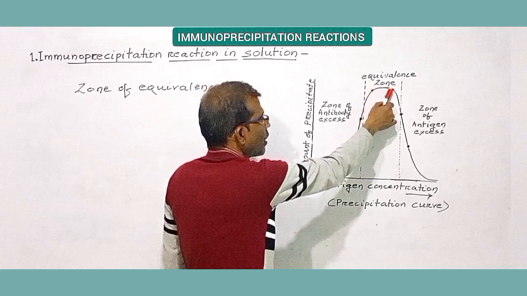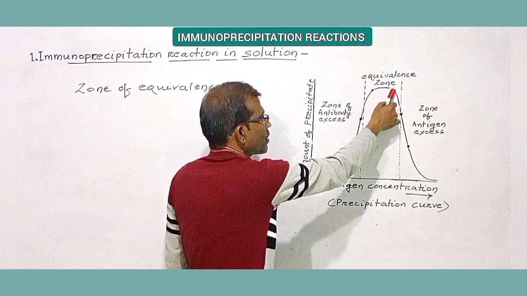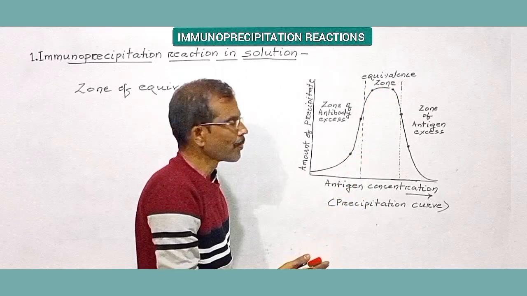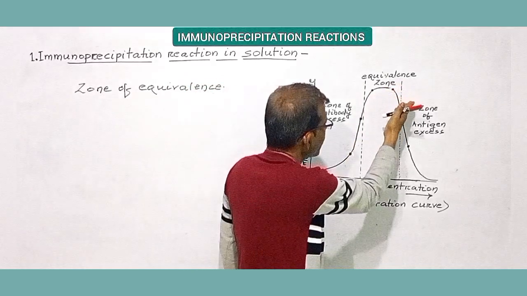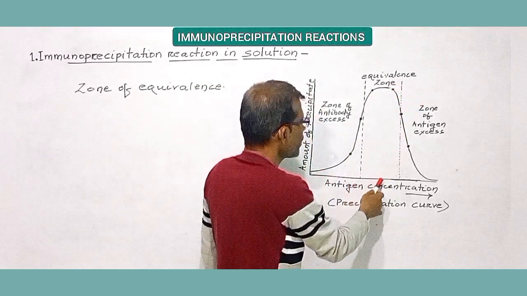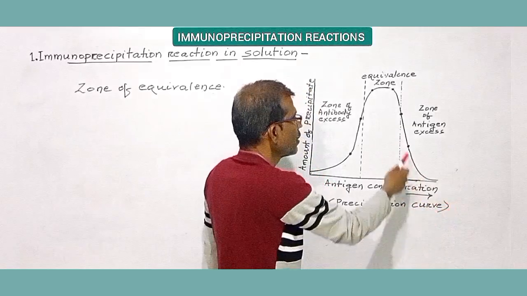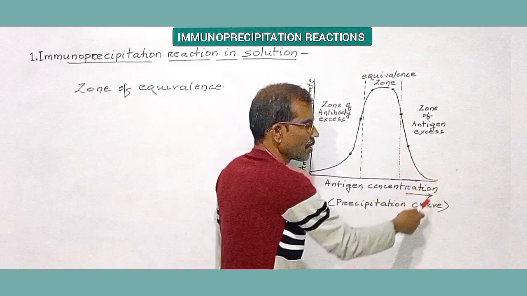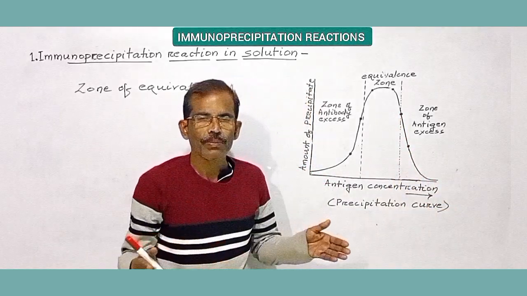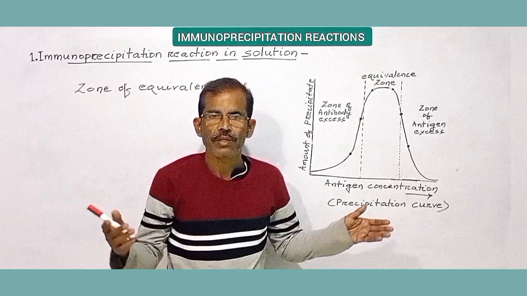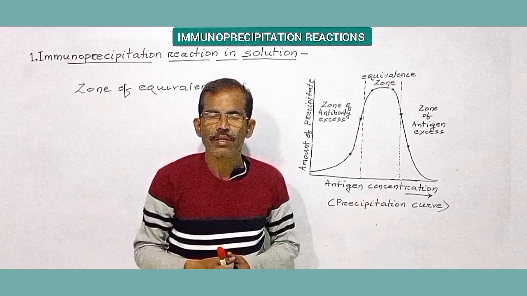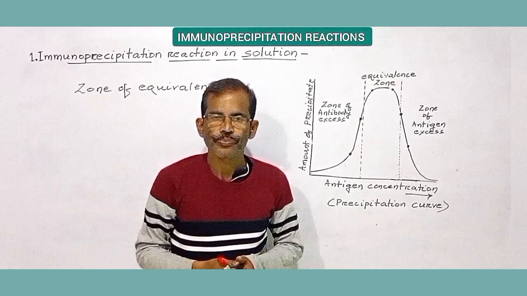At the equivalence zone, precipitation rate becomes maximum. After the equivalence zone, as the antigen concentration is increased further, precipitation rate decreases. Immunoprecipitation reaction is used to remove antigen from a solution.